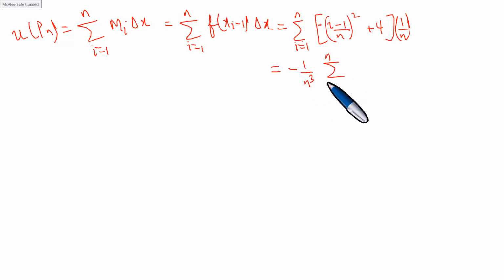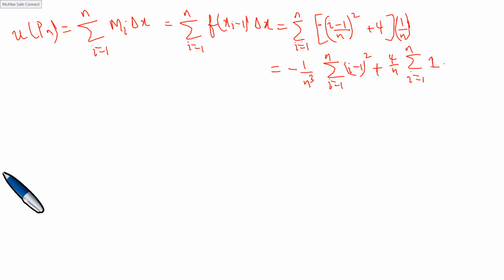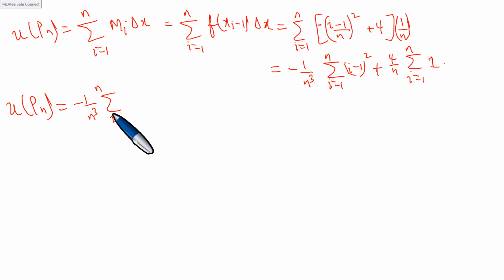The summation, cube squared, plus 4 over n, summation, which is UPN, minus 1 over n cubed, which is i squared minus 2i plus 1.